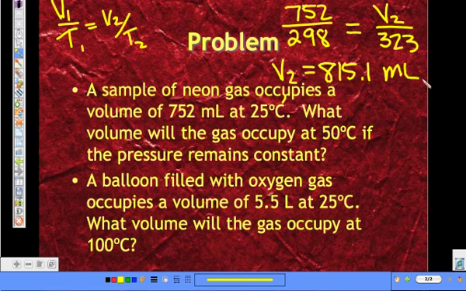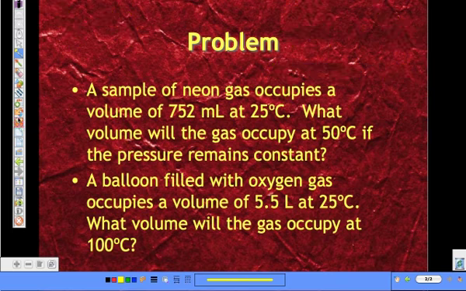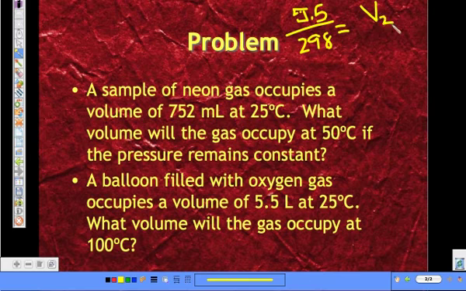Okay. Next one about the balloon. It's filled with oxygen gas, occupies a volume of 5.5 liters at 25 degrees Celsius. What volume will it occupy at 100 degrees Celsius? So what's our V1? 5.5. What's T1? And we're looking for V2, and we know T2.